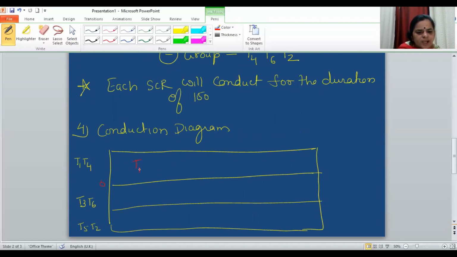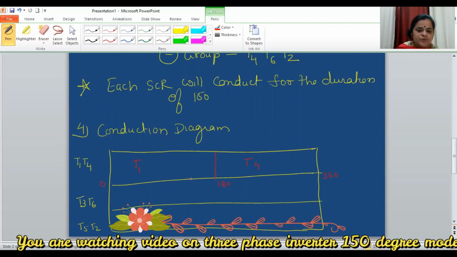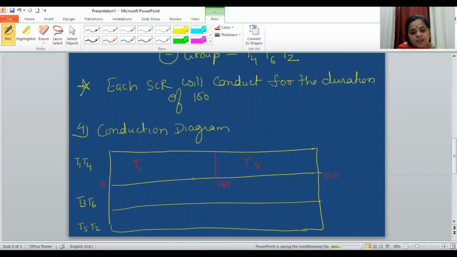If T1 starts conducting at 0, then as per assumption 1, the next SCR of the same leg can only start conducting at 180 degrees. So this is 360. As per assumption 2, the SCRs from the same group will start conducting after an interval of 120. So T3 will start conducting at 120, and after 180 degrees, at 300, the next SCR T6 can start conducting.